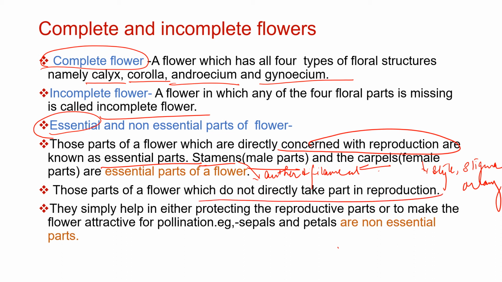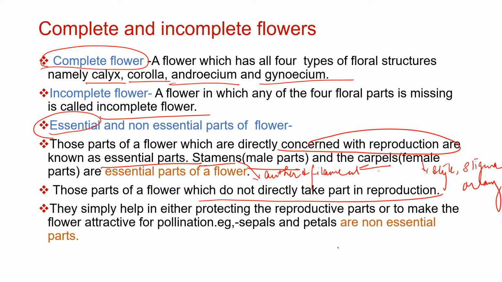They simply help in either protecting the reproductive parts or making the flower attractive for pollination. That is sepals and petals. They are not related to producing male or female reproductive organs, but they make the flower more attractive.